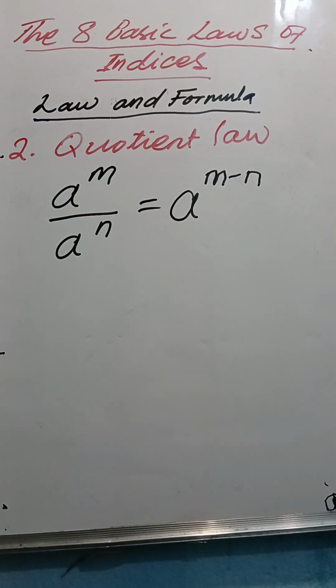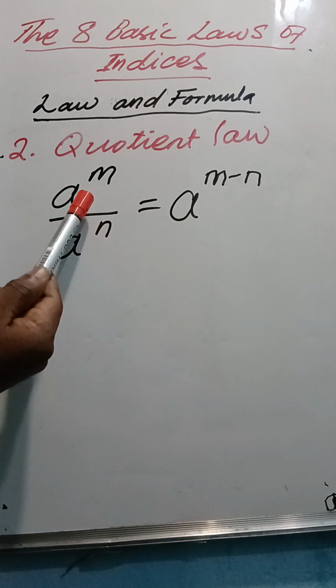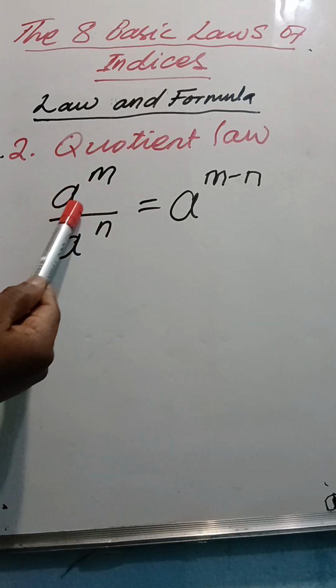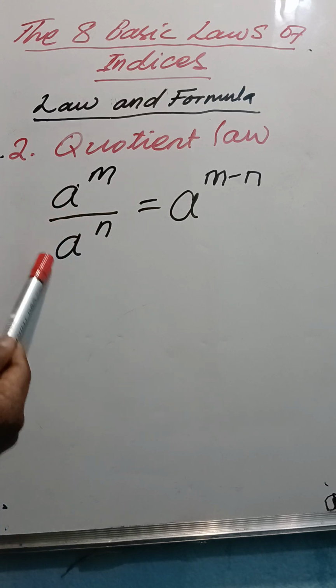What does it imply? If you divide a to the power m by a to the power n, that will give you a to the power m minus n. So that means the base up there is the same as the base below here.